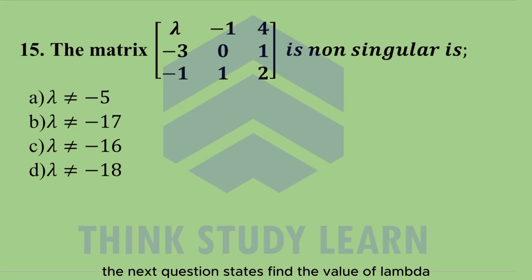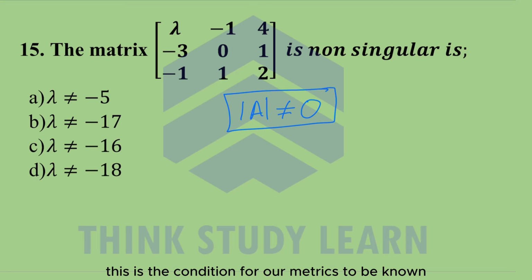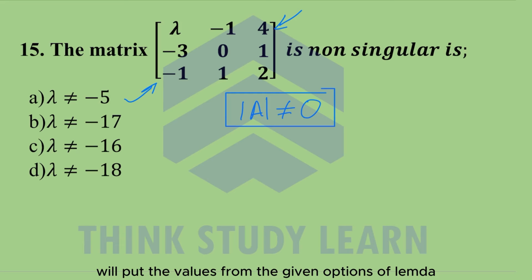The next question states, find the value of lambda for which the given matrix is non-singular. We know that any matrix is non-singular if its determinant is not equal to 0. This is the condition for a matrix to be non-singular. To check this, we put the values from the given options of lambda and find the determinant.